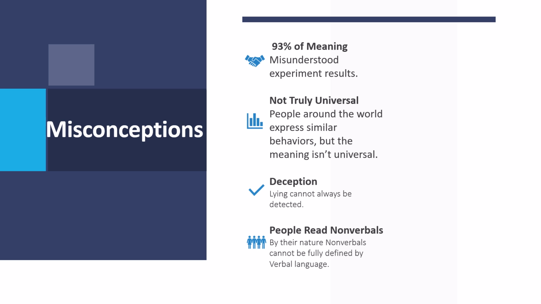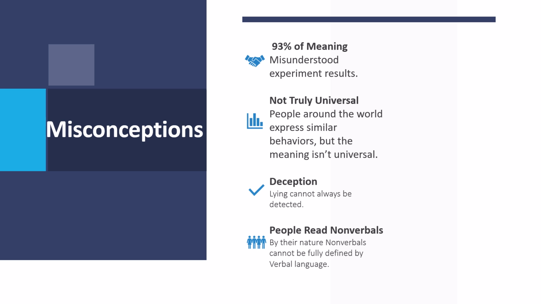And that's a bit misconstrued because it's based on this old study where they added up all of the other parts other than the words, and it all came together to 93%. But that wasn't a very accurate study because of a number of different factors, one of which being they just focused on single emotional words, and so those results aren't as accurate as they should be.